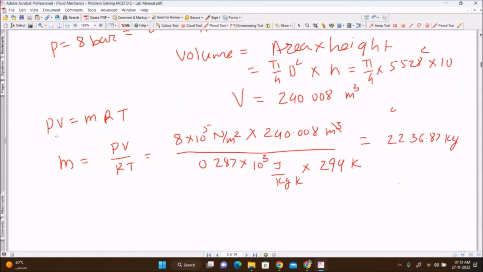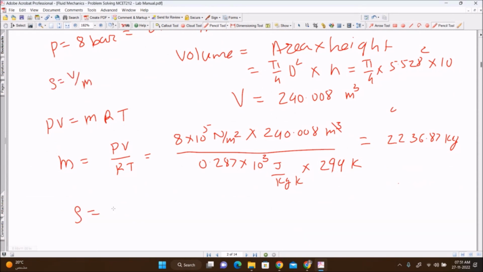Once we know mass and volume, we can find out density. Here also you can write P by rho is equal to RT, it is the same, so mass will come down and you can find density from here also. It doesn't matter, but because mass is also asked, we'll find one by one.